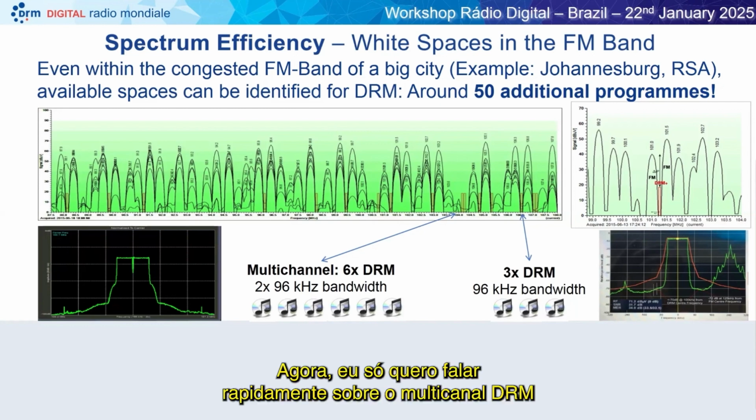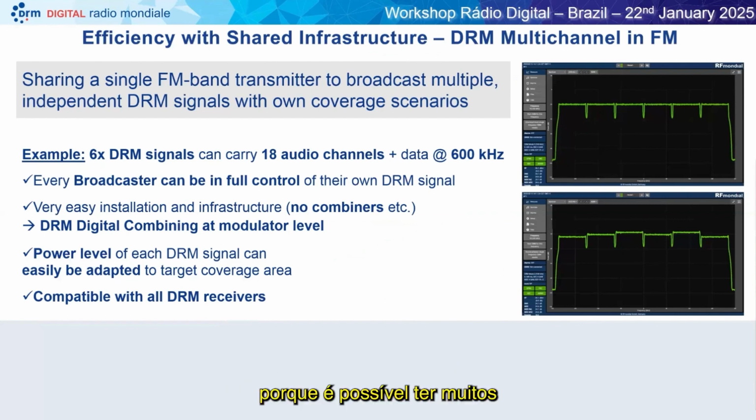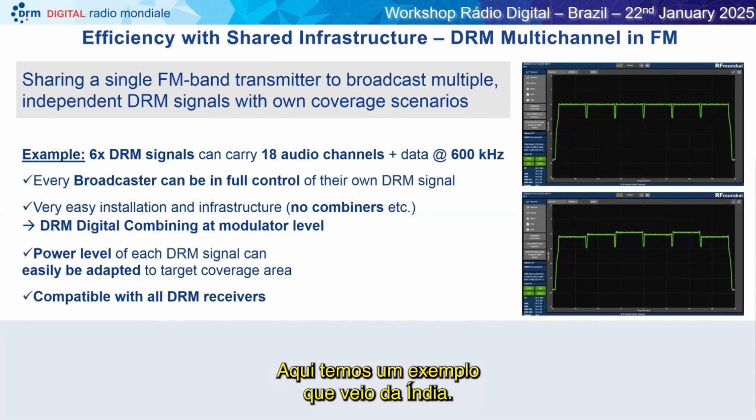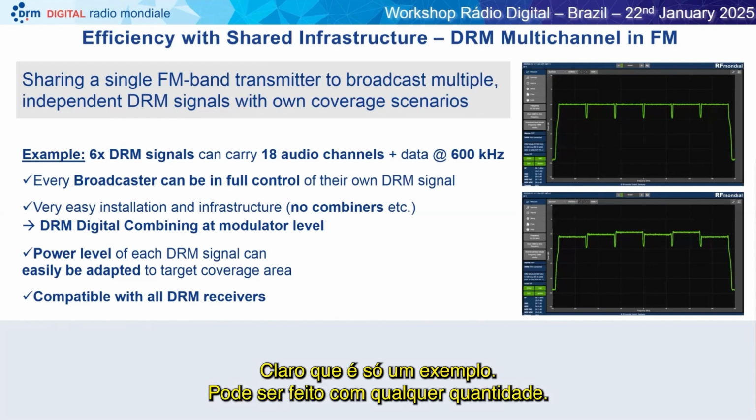I just want to quickly tell you about multi-channel DRM, because you can actually have a lot of different radio signals broadcast on 1 transmitter. Here we have an example that came from India. Of course, it's just an example. It can be done with any amount.